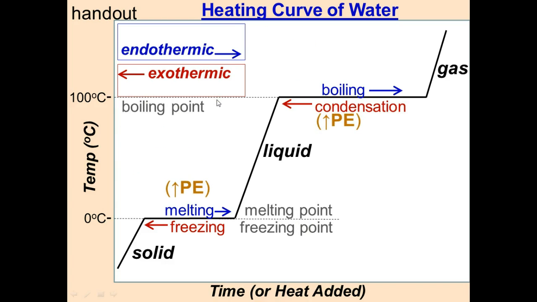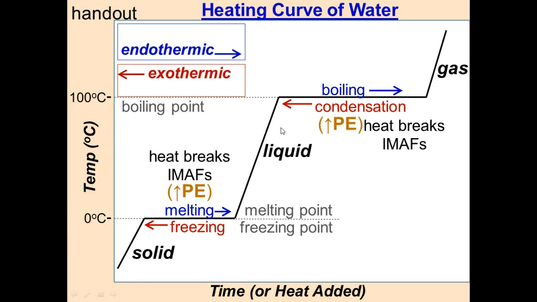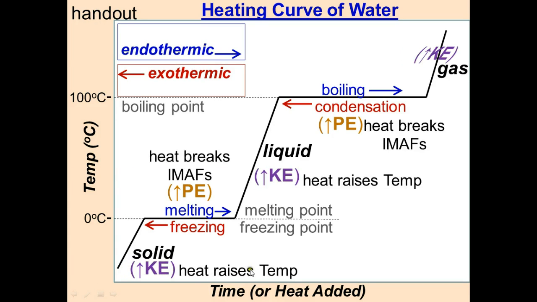And so now in these regions, like we said, the bonds, IMAFs, are breaking, so potential energy is increasing. In these sloped regions, temperature is increasing because heat raises temperature as the particles start moving faster, until they get to these phase changes where the heat starts breaking IMAFs.